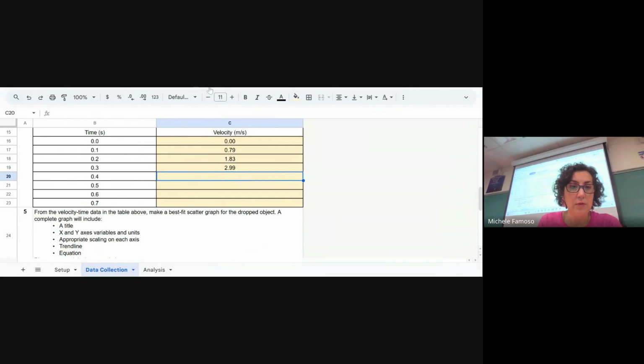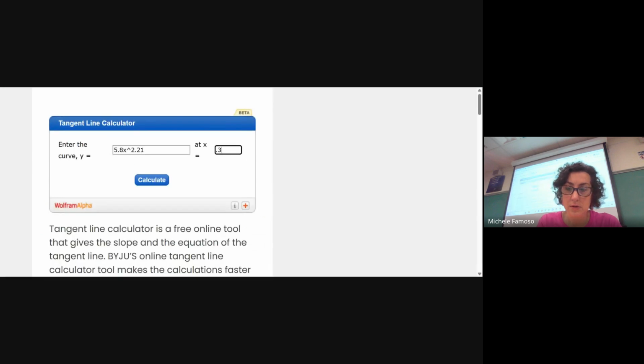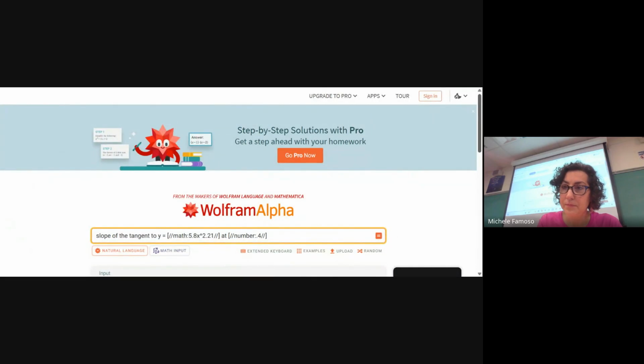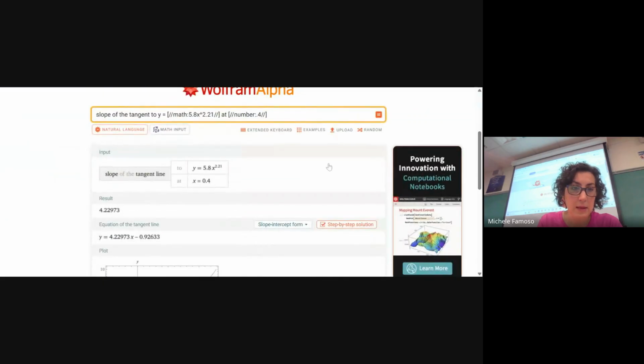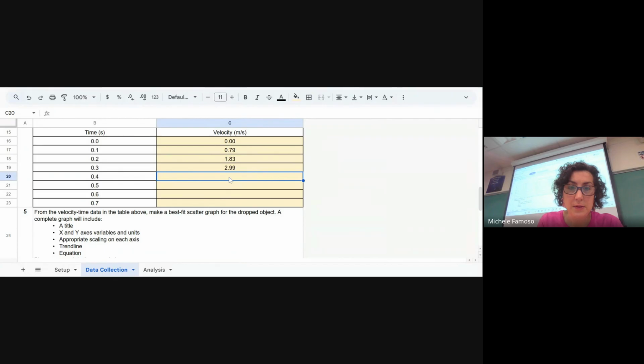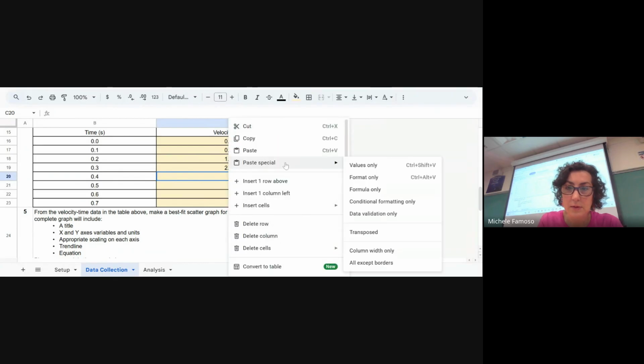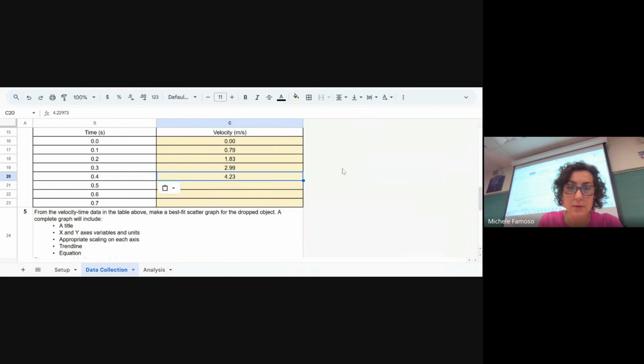Now go to 0.4. Get the result. Paste it. 0.5.